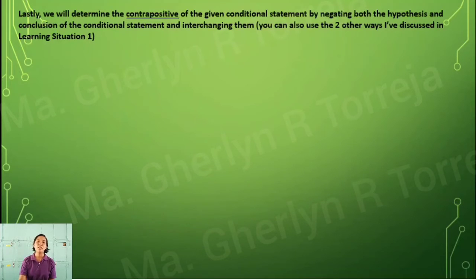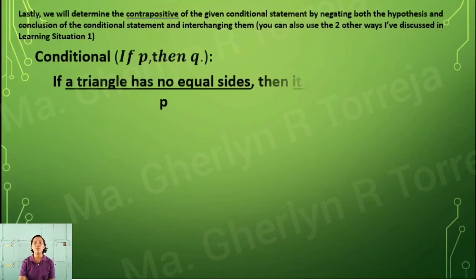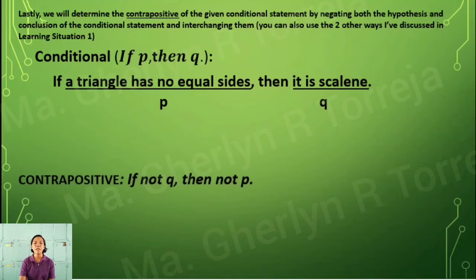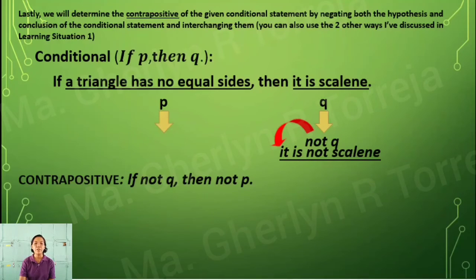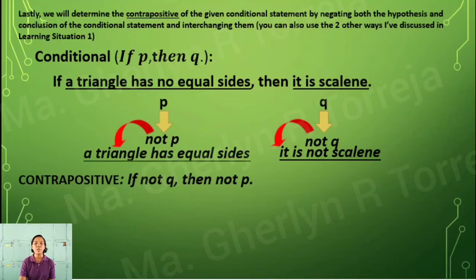So, in this example, we're going to use way number 1. Contrapositive, if not Q, then not P. So, we're going to negate our Q, not Q, which is, it is not scalene. And then negate our P, not P, which is, a triangle has equal sides. And then, we're going to interchange.